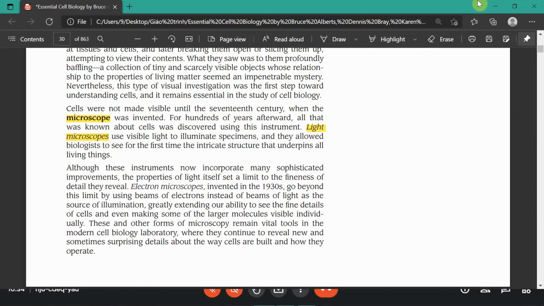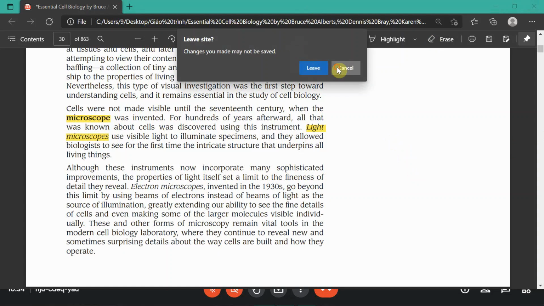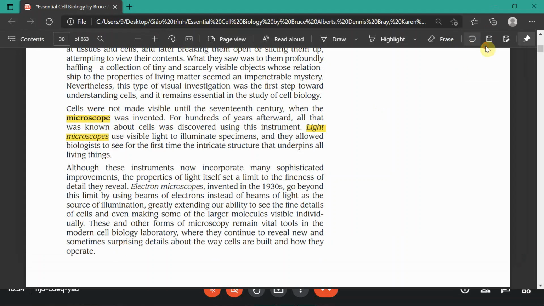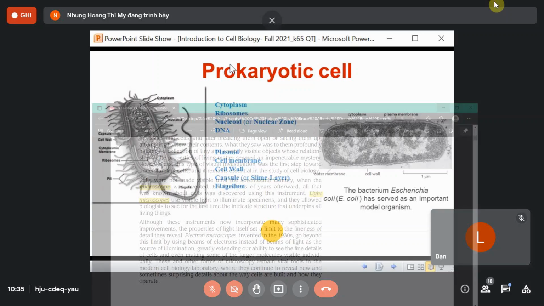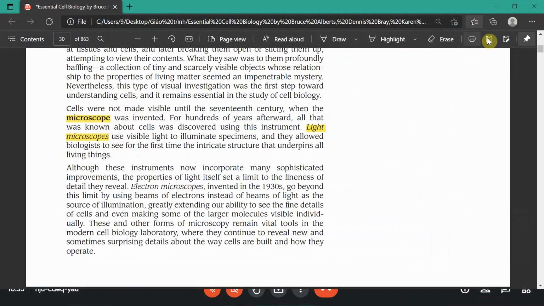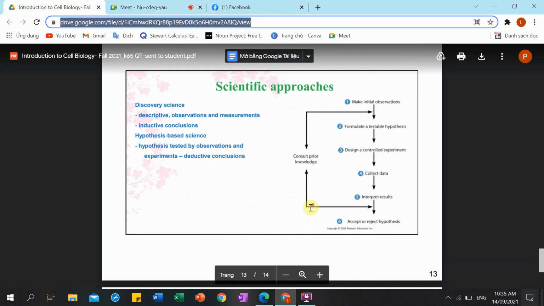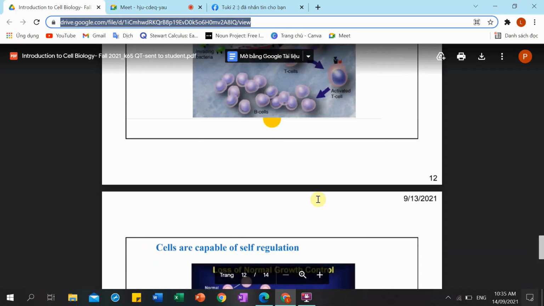Okay, so through the histological discovery of the cell, you also knew that there are two main types of cells: the prokaryotic cell and the eukaryotic cell.